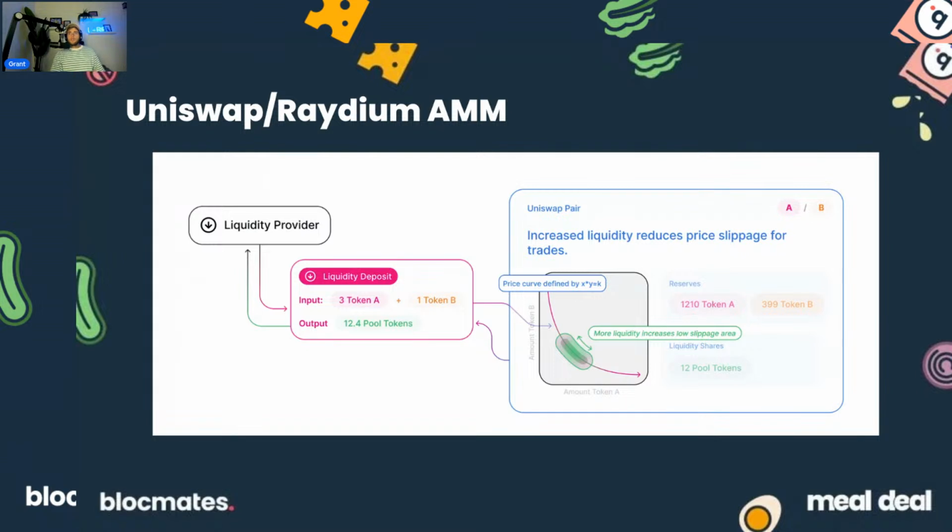But if you've used Uniswap, if you've used Raydium, you have used what is known as an automated market maker, which is the type of decentralized exchange it is. And as I said, in these examples we're going to use ETH and USDC, or Sol and USDC. All an automated market maker is, is a liquidity pool where people can come along and, let's say ETH is 4K for round numbers' sake, and you've got $4,000.